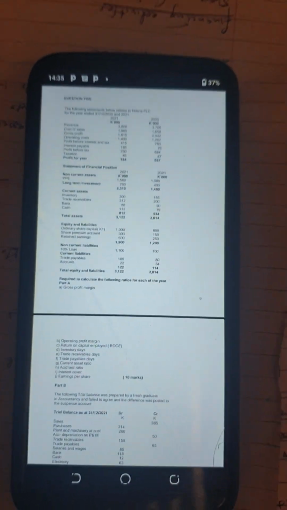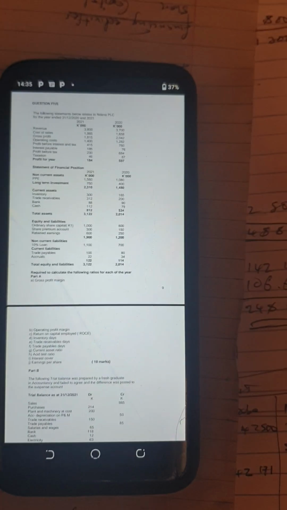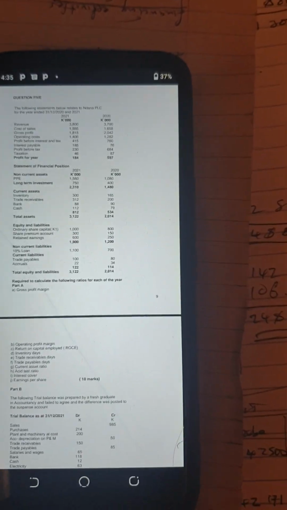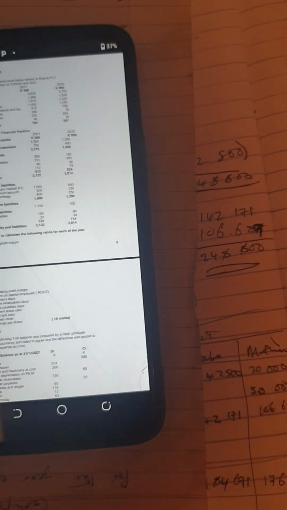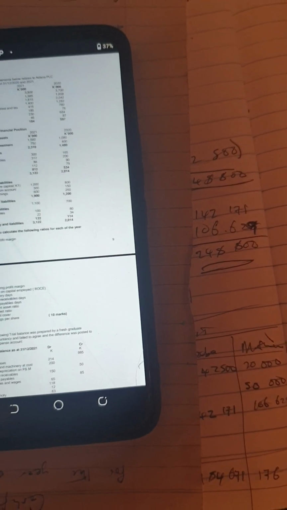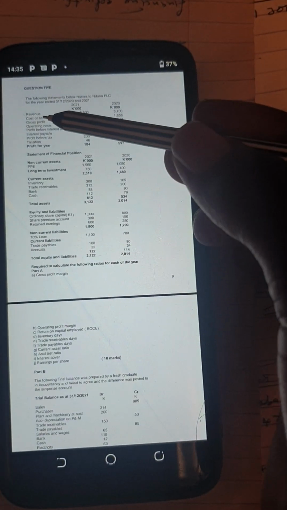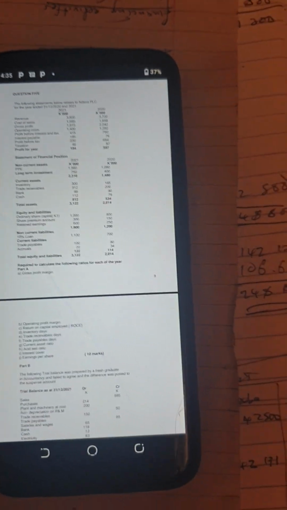So in this case, our gross profit, so I'm doing 2021, then for the other year you can still do it since it's the same thing that we are doing. Our gross profit was 1815, and our sales or revenue is 3,800.